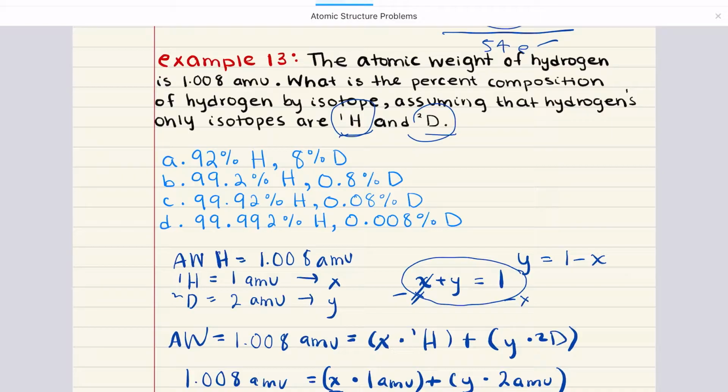So now we know that Y is equal to 1 minus X. We're going to replace this Y with 1 minus X. And so now our expression reads 1.008 AMU is equal to X times 1, plus 1 minus X multiplied by 2.